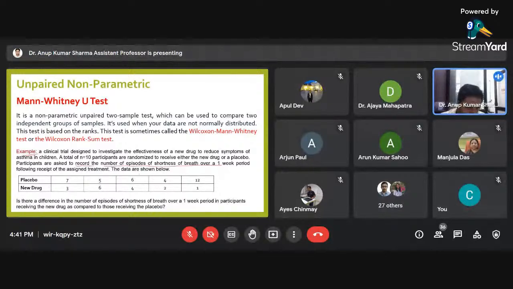So we check whether there is a difference between the two drugs, that is, whether the new drug is effective for treatment in children or not.